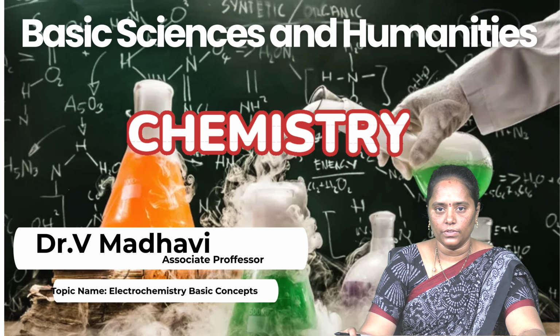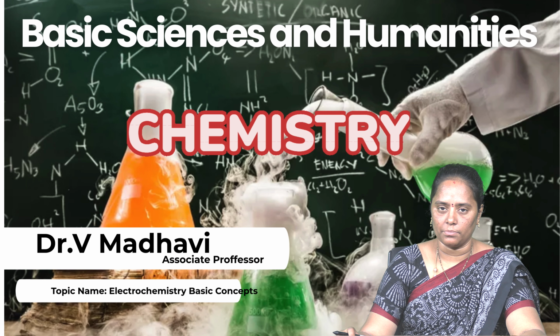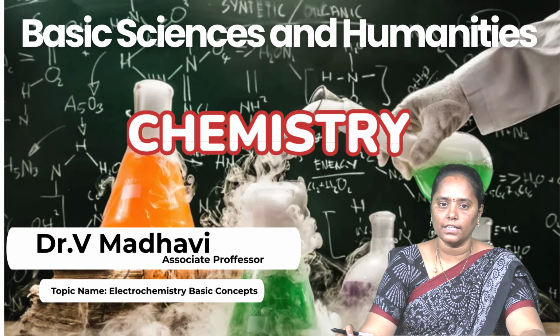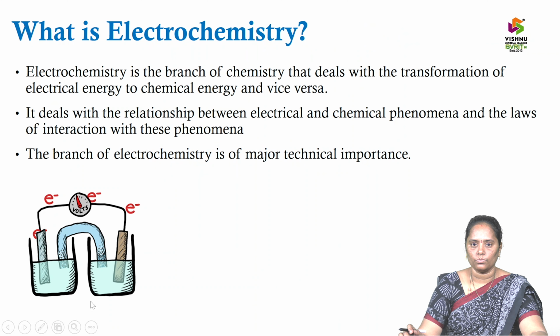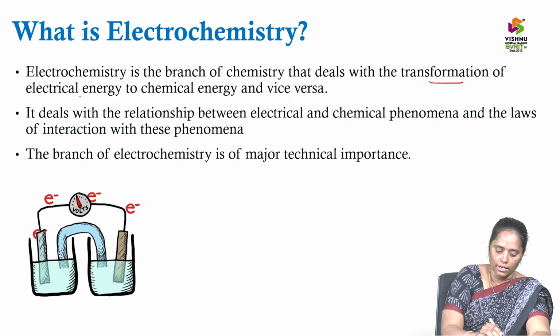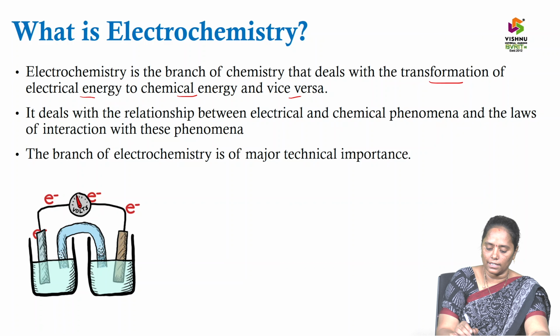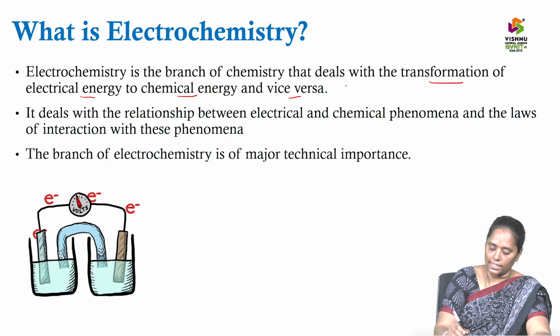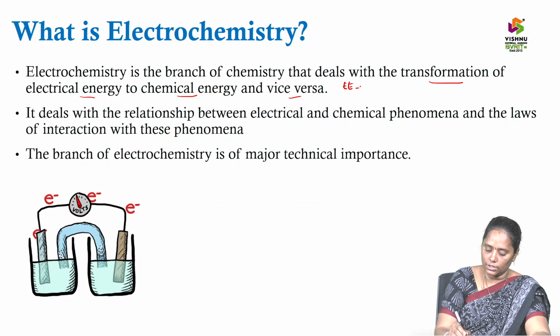Today, we will go with basic principles of electrochemistry which can be useful for the next coming topics. So, what is this electrochemistry? Electrochemistry is the science dealing with transformation of electrical to chemical energy and vice versa.